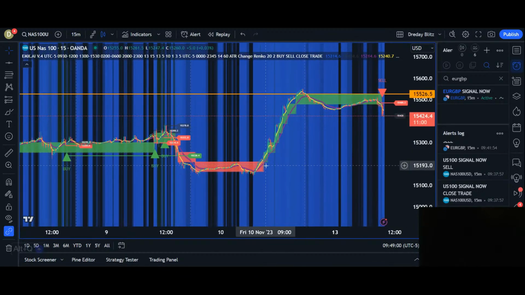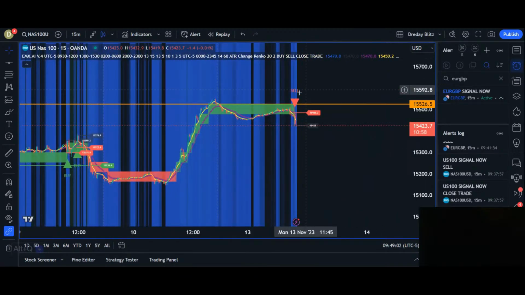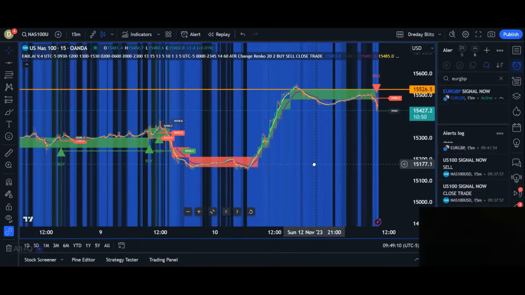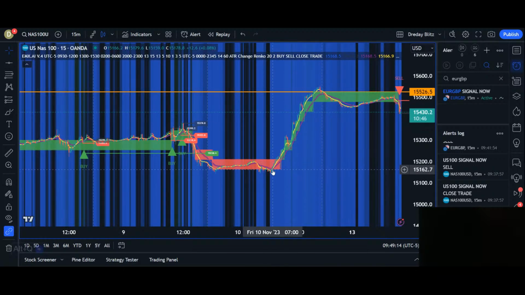Or the previous, it's really the previous Renko top. So if it's a sell, it's gonna be at the top of a buy Renko zone. Okay. And if it's a buy, it's gonna be at the bottom of the Renko sell zone, sorry. Okay, so that'll be at the bottom here.